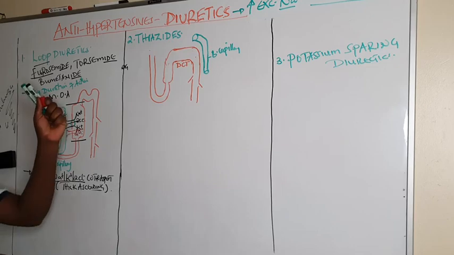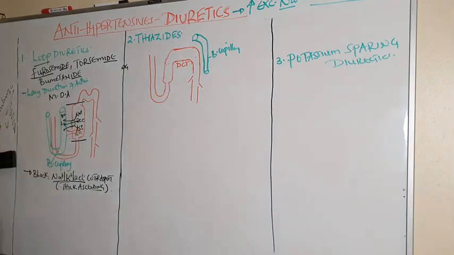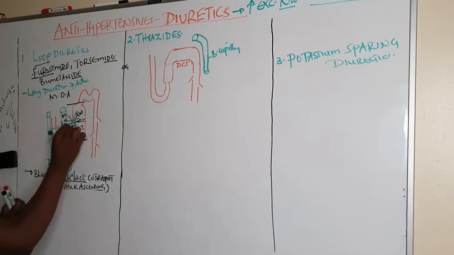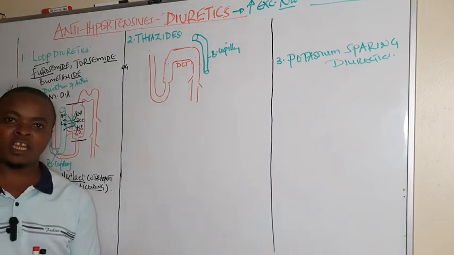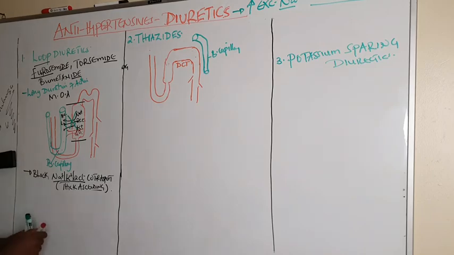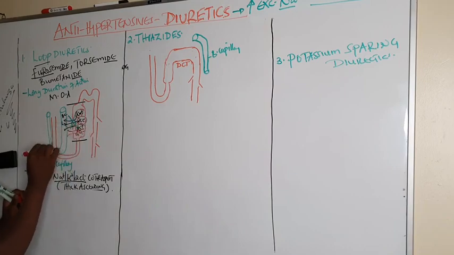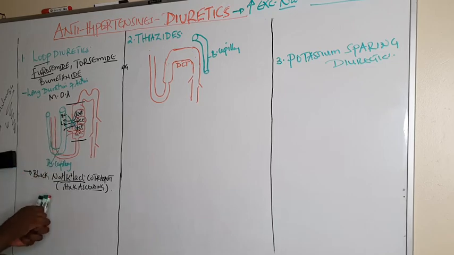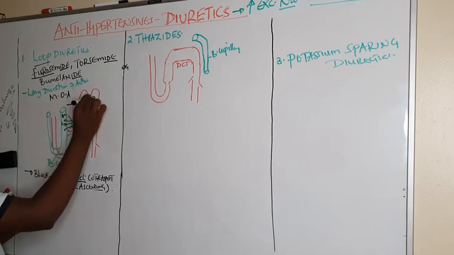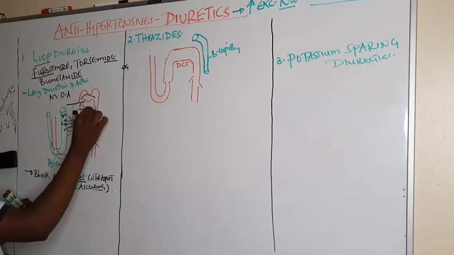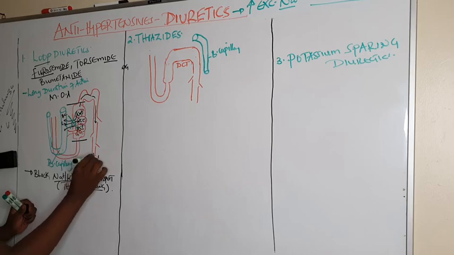So what the loop diuretics do, their mechanism of action, is they act by blocking or inhibiting the transport. They come and block the action of this transporter. And when it is blocked, it means we can no longer reabsorb sodium, chloride, or potassium. These ions continue into urine via the DCT, into the collecting duct, and we lose them in urine.